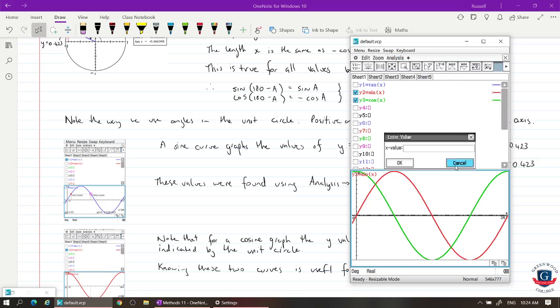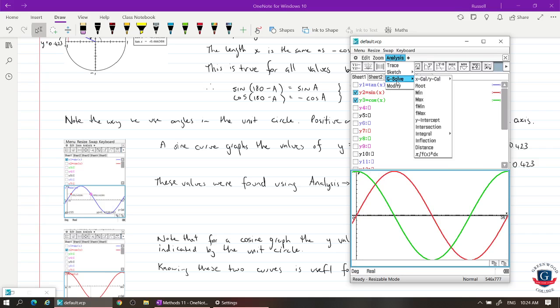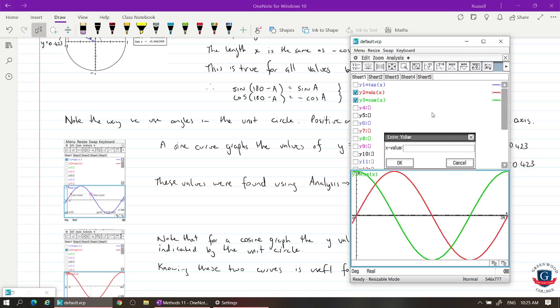And for cosine, if we did the same thing, oh, used the wrong one, haven't I? Try again. Don't want that one, we want that one. It's the cosine curve. And we want it for 25 degrees. We find that it's 0.9063.